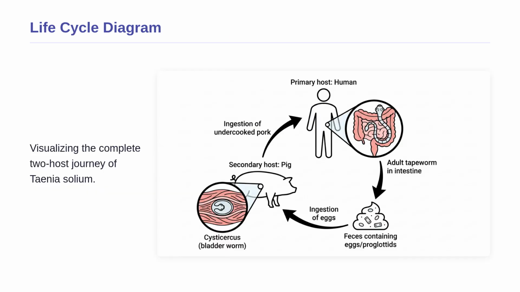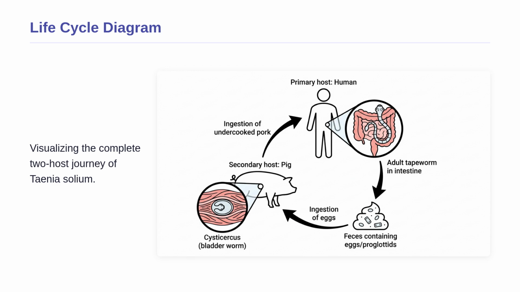Now that we have explored the math and the biology, let us look at the complete picture. Here we see the full life cycle diagram of Taenia solium. At the top is the human, the primary host, where the adult tapeworm lives in the intestine. Notice the arrows showing feces containing eggs passing into the environment.